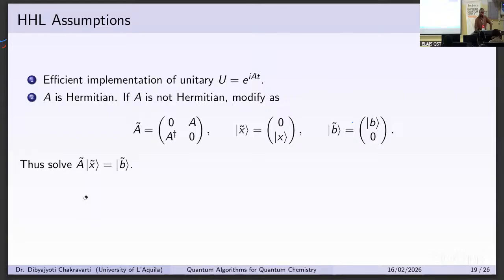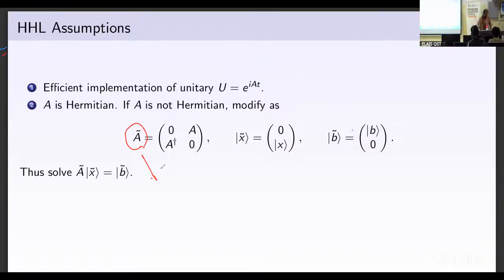So as I was saying, even if the matrix A is not Hermitian, you can make it Hermitian by force, by increasing the dimension of the matrix. You can make it Hermitian by embedding it in a larger matrix.